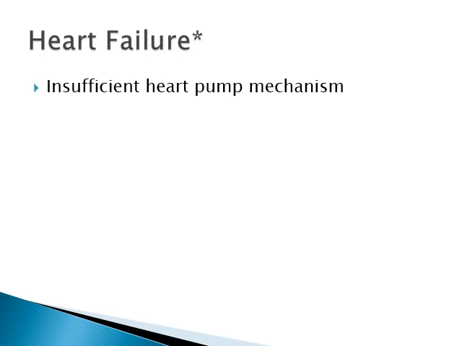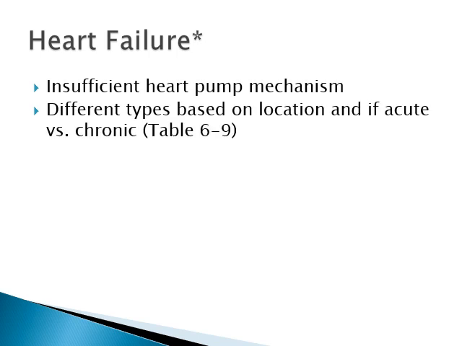when that pump mechanism becomes inefficient, there's various things that could happen in the body. And if you look, there's different types based on the location of the heart failure and if it's acute versus chronic, okay? So you can have acute left, acute right, and chronic right, and they all produce different signs and symptoms based upon the mechanism.